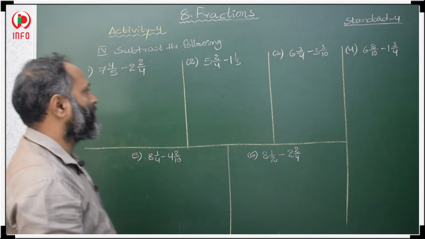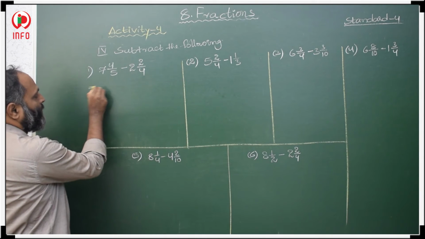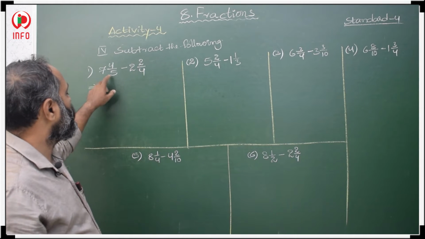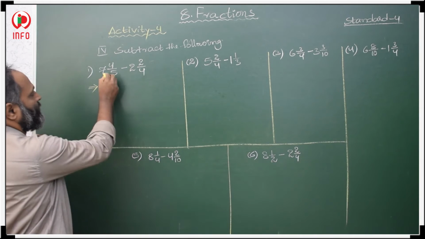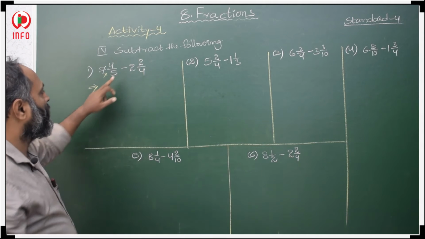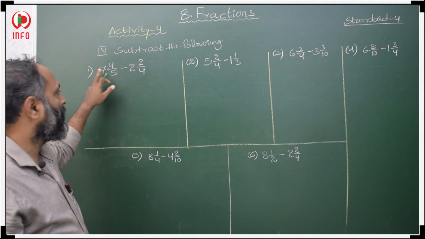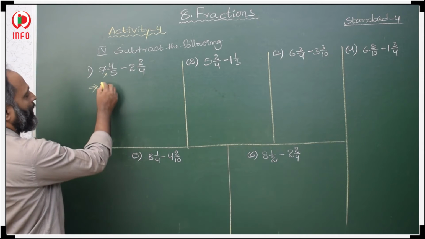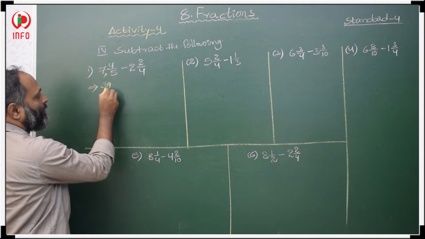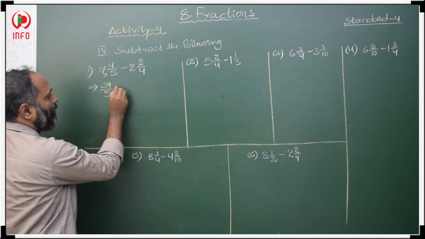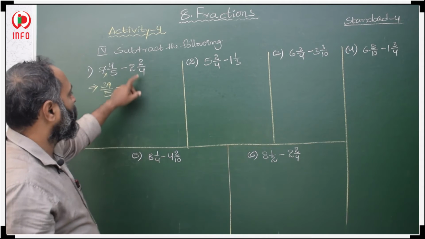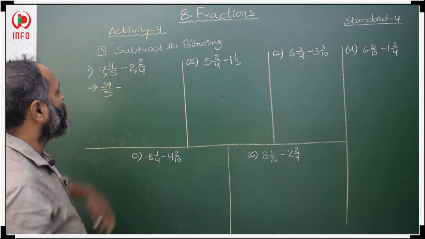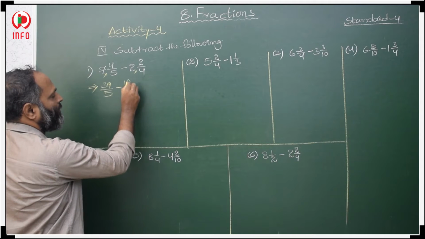The same pattern, first we convert the given mixed fraction into an improper fraction. Then 7 5s, we multiply the denominator with the whole number. 5 7s are 35, 35 plus 4, 39. 39 by 5 minus, again we multiply these two. 4 2s are 8, 8 plus 2, 10, 10 by 4.